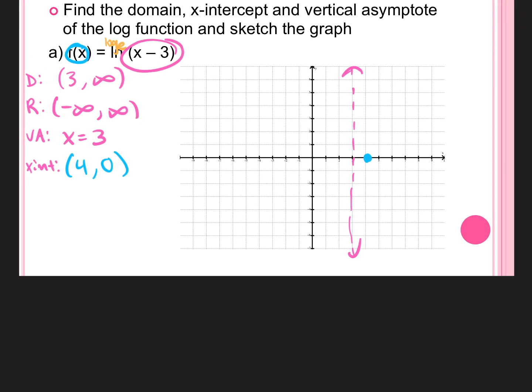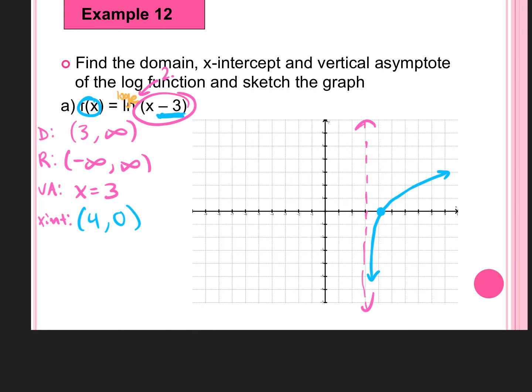And then the only transformation I have here was I went to the right 3. So my graph has that basic log function graph like this. And we know that it goes increasing this way because yesterday we talked about it. E is like 2 point something. If you put it in the calculator, it'll evaluate it for you.